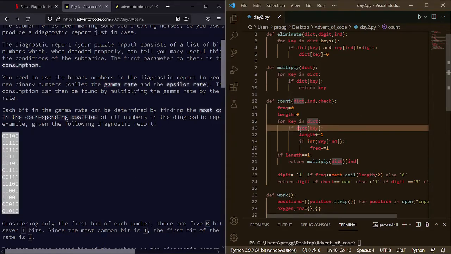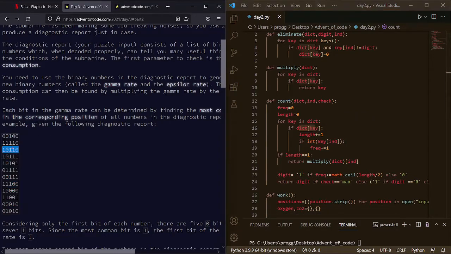So if dictionary key is equal to 1, which means if the number is still a possible oxygen generator rating, then we will increase the length by 1. We are actually just keeping a count of the number of possible oxygen generator ratings.